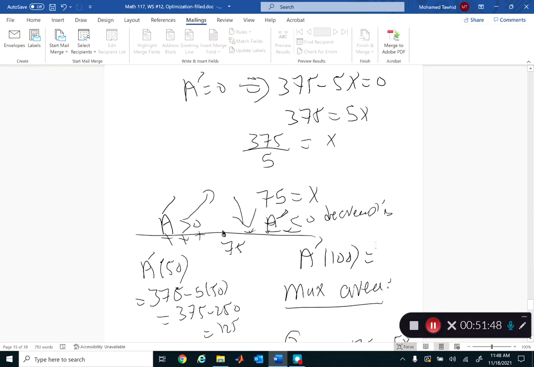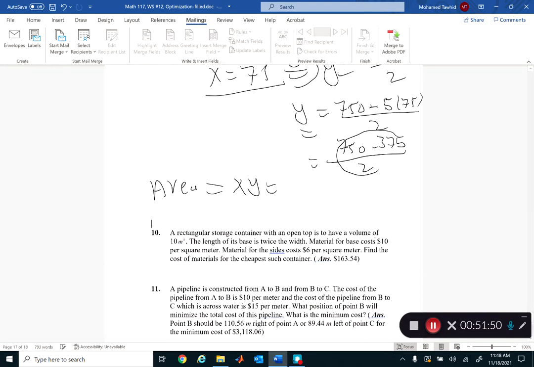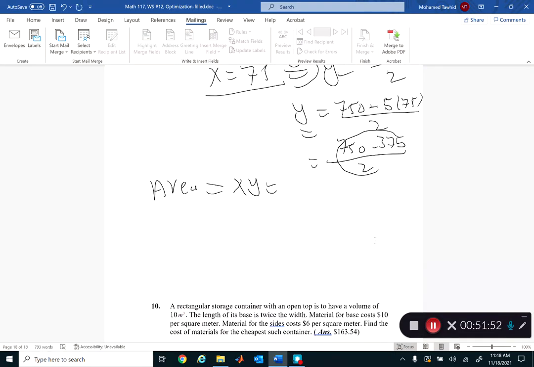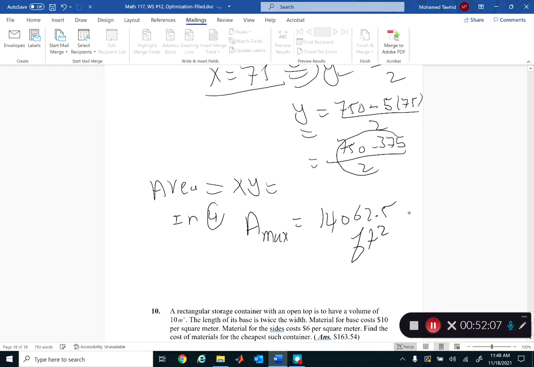Put that in equation 4, guys. Then your maximum area, A max, it will be 14062.5, that is feet squared.